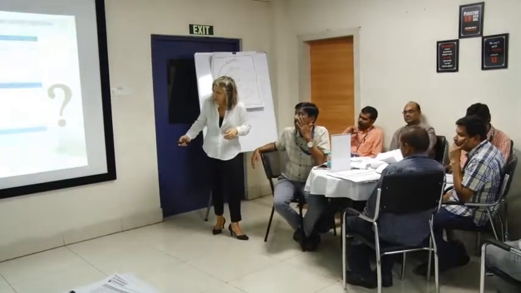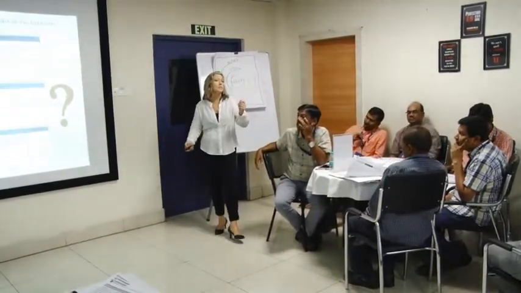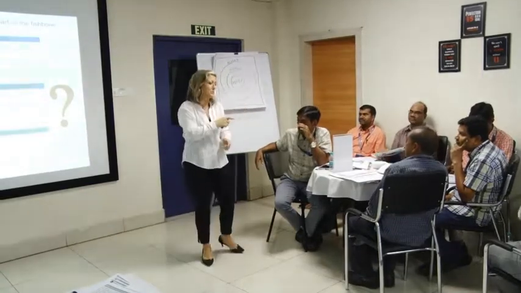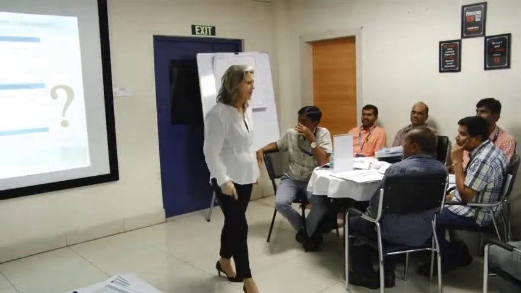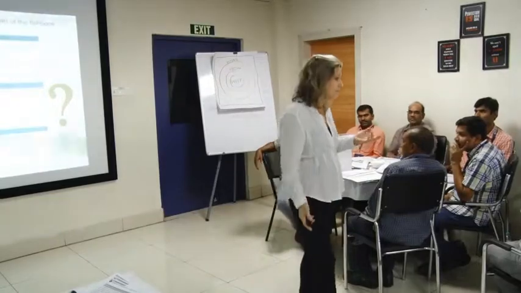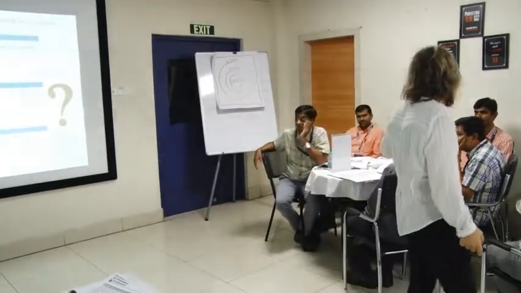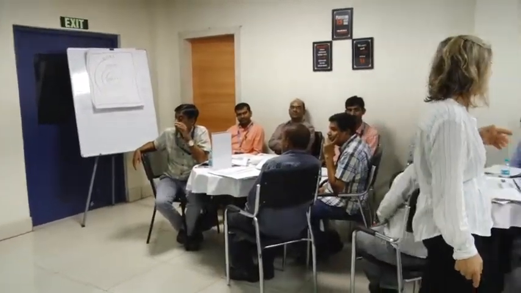How about machines? What are some of the problems? I know you have problems with your machines sometimes. What are they? What are they related to? Maintenance. Wear and tear. They're just old, right? Out of calibration.